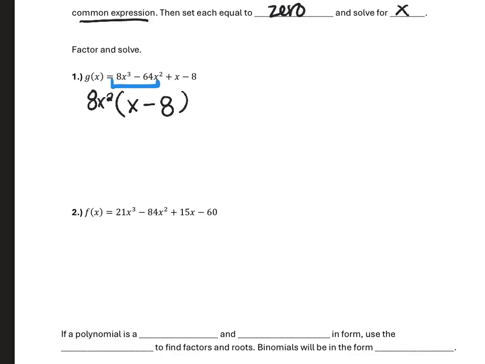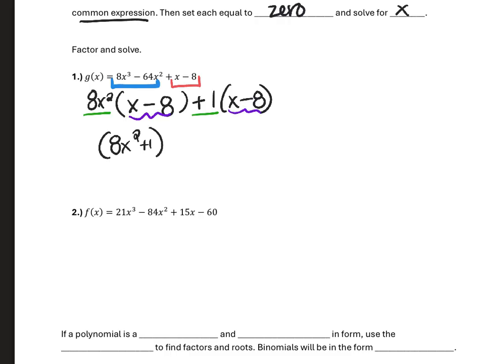And then from this one, I could pull out a 1 so that I have that same GCF, because then I'm going to use this to set up my factored form. So when I do factored form, this becomes one of my factors, 8x squared plus 1. And then this becomes my other factor. I only put it one time.